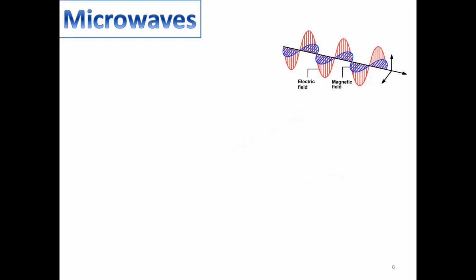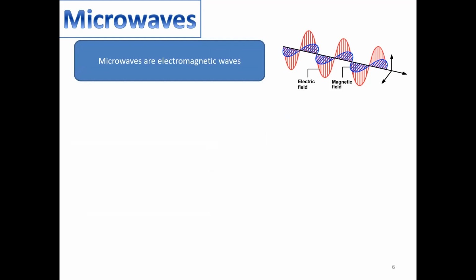The electric field and the magnetic field are perpendicular to each other. And microwaves are definitely electromagnetic waves.